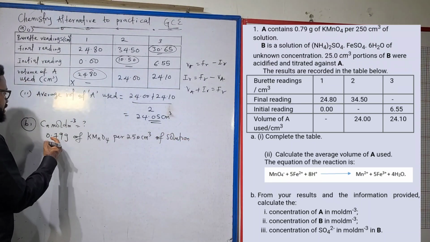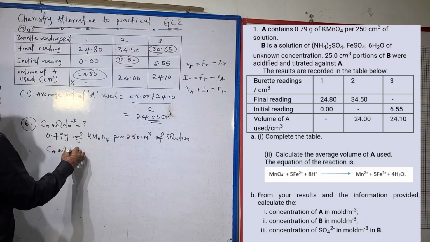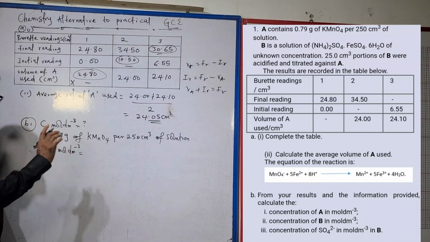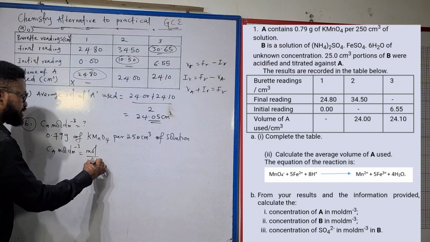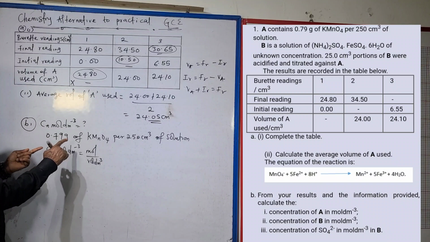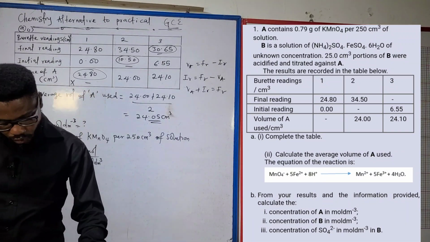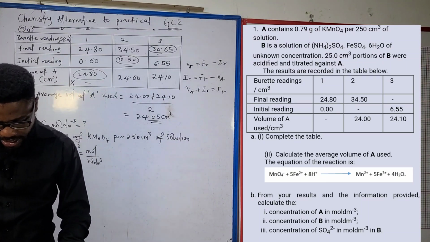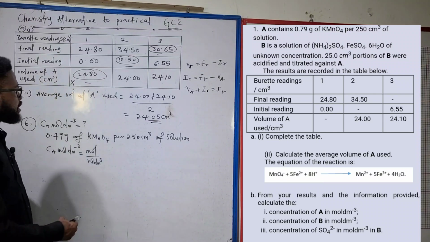Of course, concentration of A in mole per dm cube means very simply my mole divided by my volume in dm cube. I am talking about 0.79 grams of KMnO4.